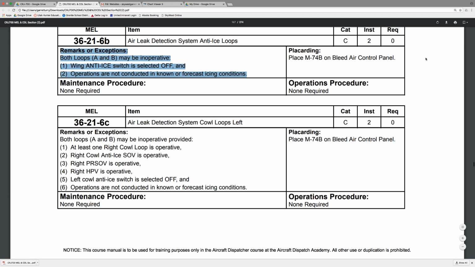Well, the air conditioning panel would use bleed air, wouldn't it? Mm-hmm, our air conditioning. What else? It has something to do with the engine.